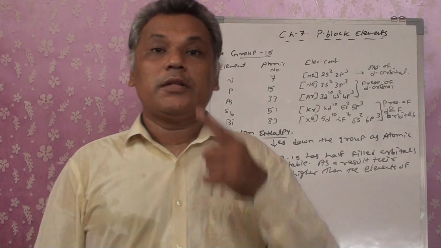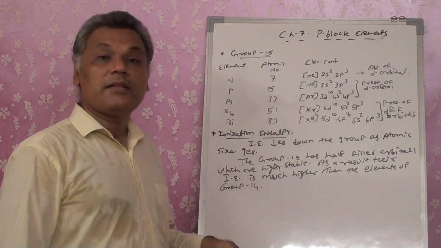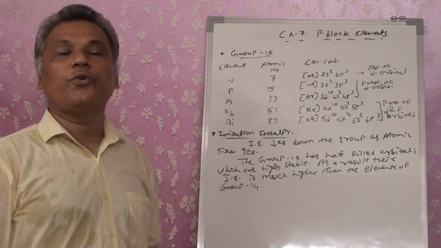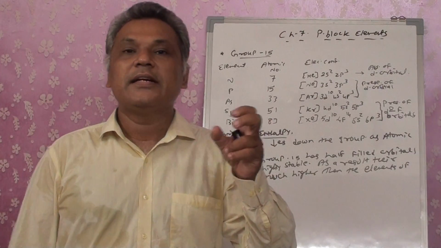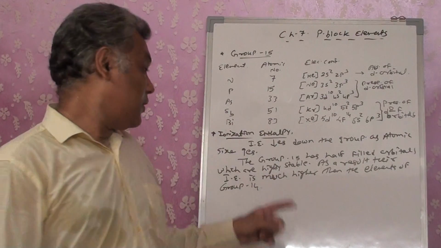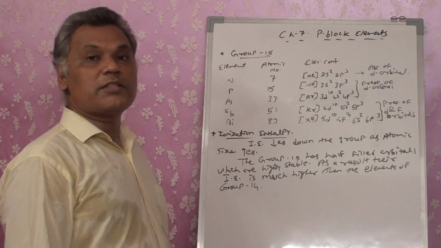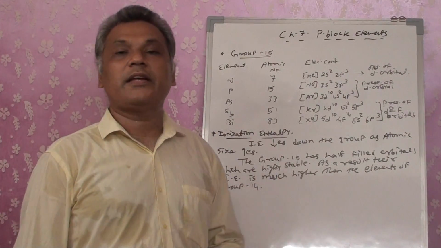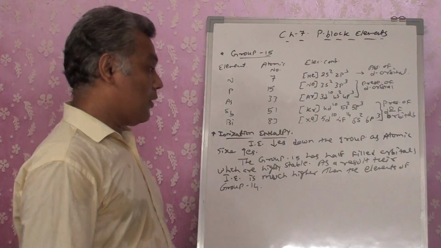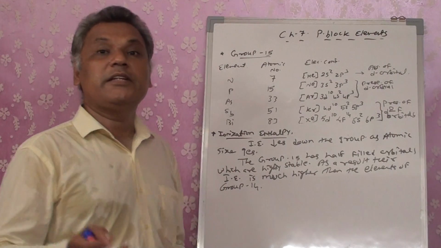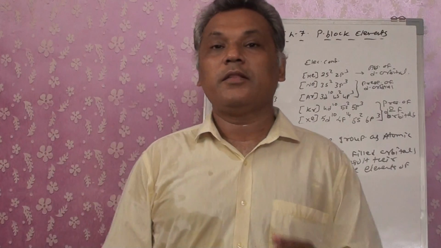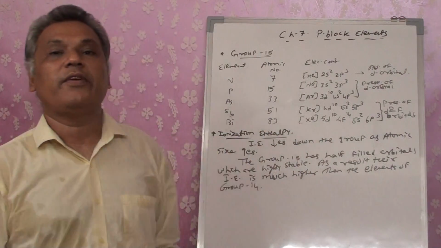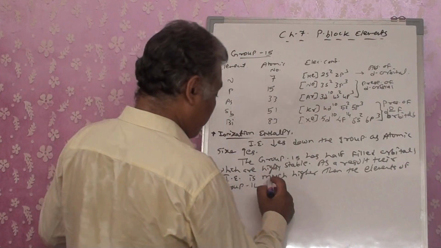See, two factors are responsible. One is half-filled orbitals. The second factor is that the size of the group 15 elements is smaller than group 14, because moving left to right, atomic size decreases. So this is also because of the smaller size. Group 15 is smaller, as well as having half-filled orbitals. Whereas group 16 is even smaller, but they don't contain half-filled orbitals. So compared to group 16 also, group 15 has higher ionization energy, right?